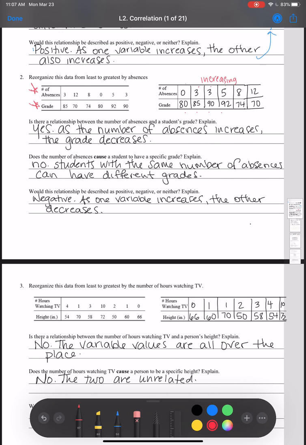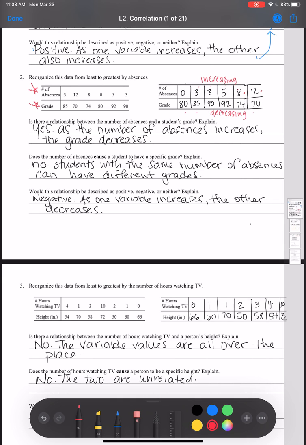So it does look as though it's increasing, but if you see, the more absences that you have, the lower your grade actually gets. Okay, 3 absences, 5 absences is not significant over a whole term of a class. That's half the year if we're talking about us. But 8 to 12, that's pretty significant. So your grade does end up suffering. So the overall trend here, even though it's increasing a little bit, we would say that it is decreasing.